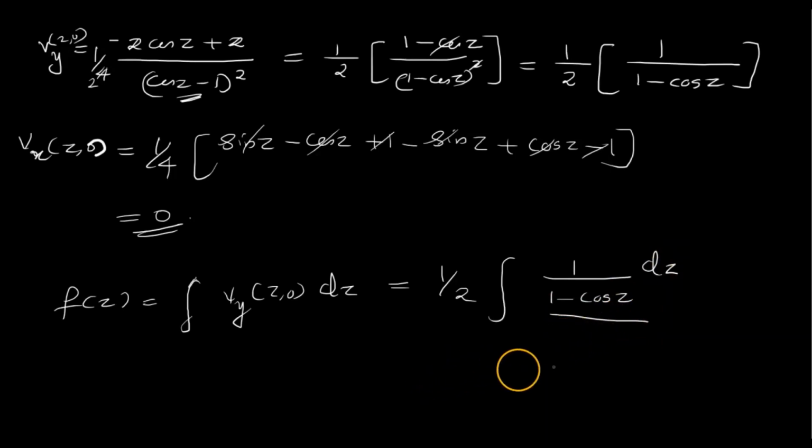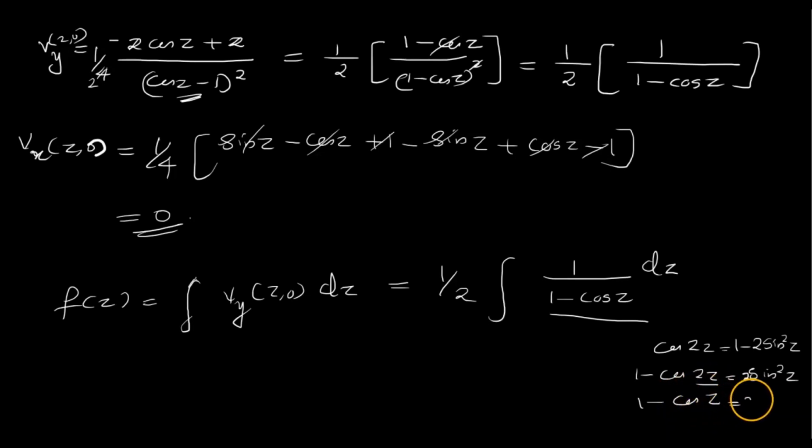We know that cos 2z is 1 minus 2 sin square z. So 1 minus cos 2z is 2 sin square z. So 1 minus cos z is 2 sin square z by 2.